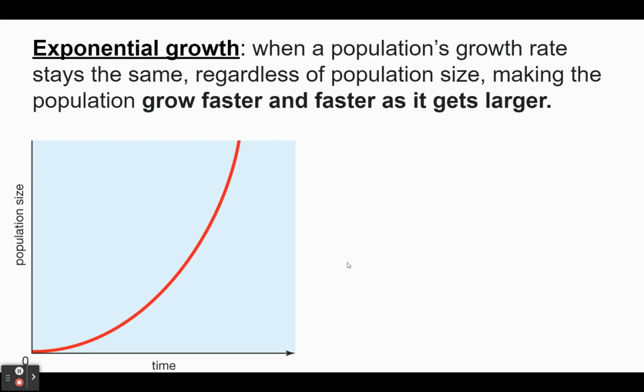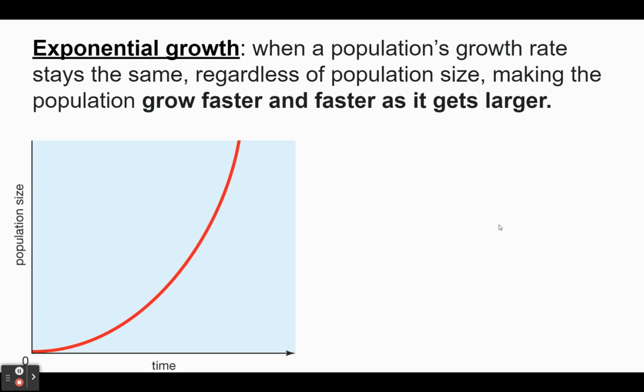So that growth rate never changed year to year. And if those two numbers stay the same, when we get to larger and larger populations, we see that the population size is growing faster and faster. And so we'll end up with a graph that looks like this, curving upwards, getting faster and faster as the population size gets larger and larger.